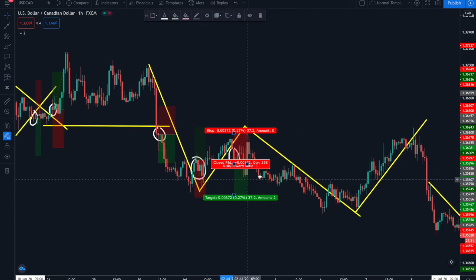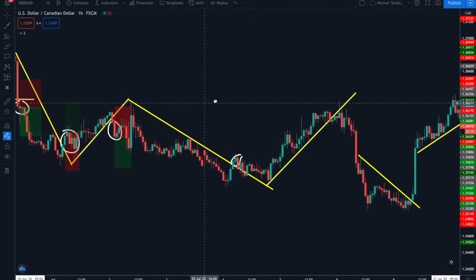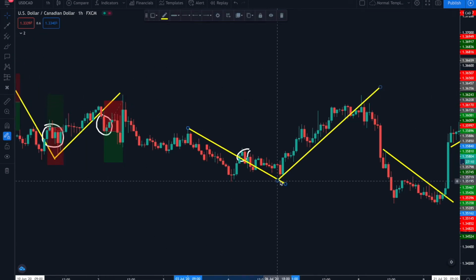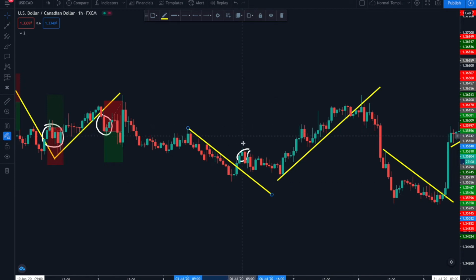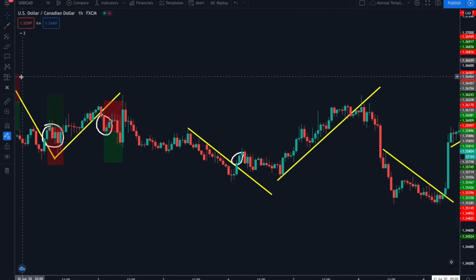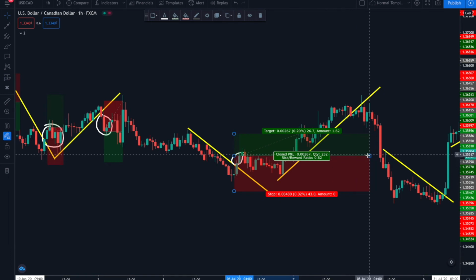Alright, over here, we broke over here, that's your entry. Just make sure that it should be steeper. So your entry was actually right here. Alright.